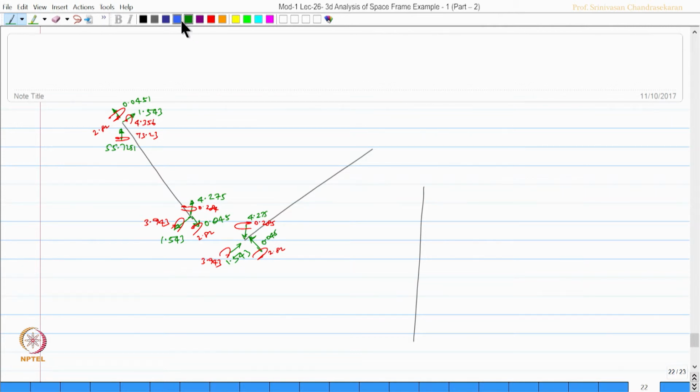And for this joint it is going to be 0.045, 0.45, 4.275, 1.543, then 10.004, 0.42, 3.943. Let us come to this.